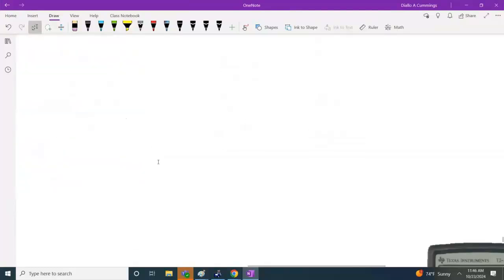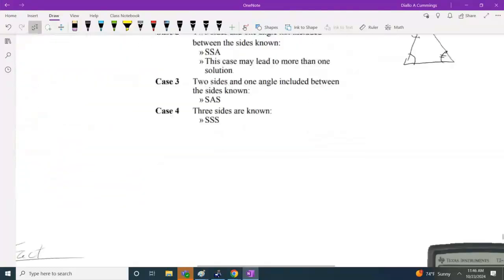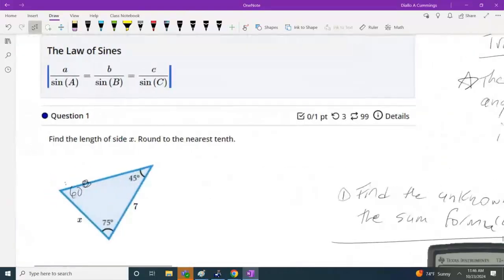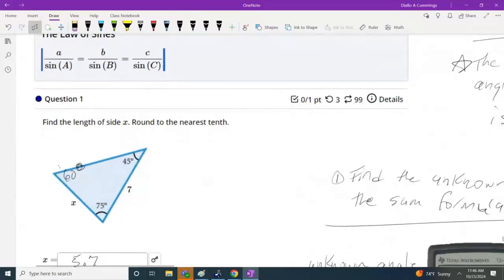If I go back to the problems we just took a look at, for this first setup, for problem number 1, this would be that case 1, side angle. So I'm given, well, I'm sorry. Let me just erase this.